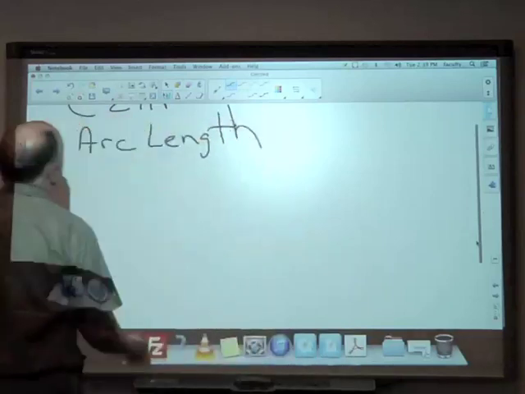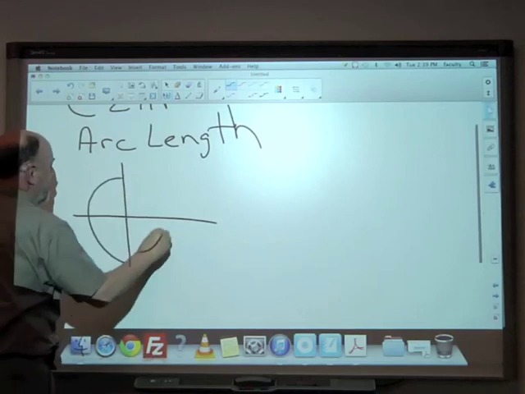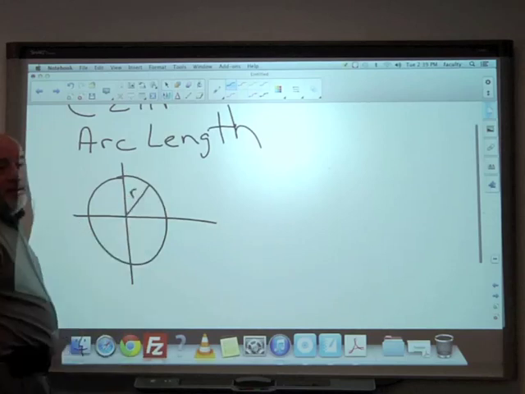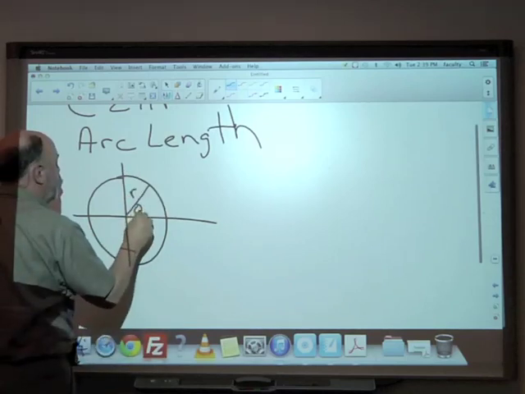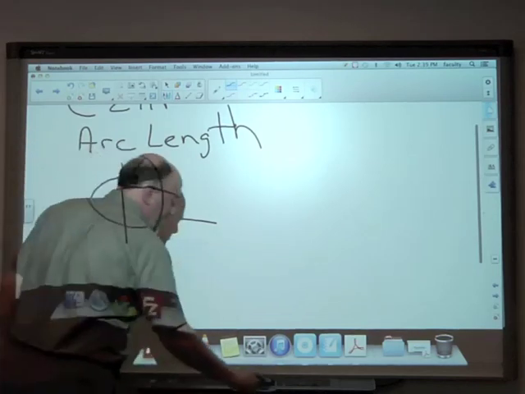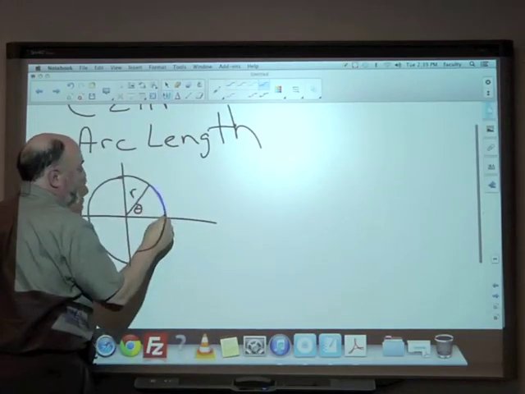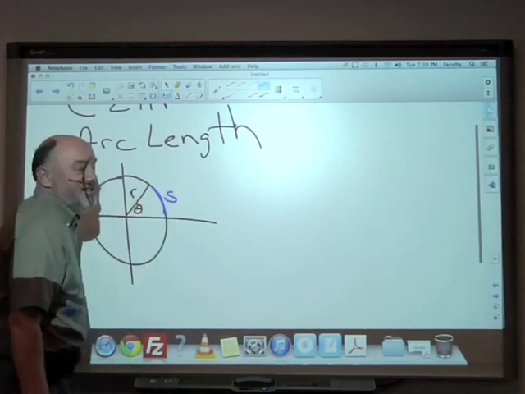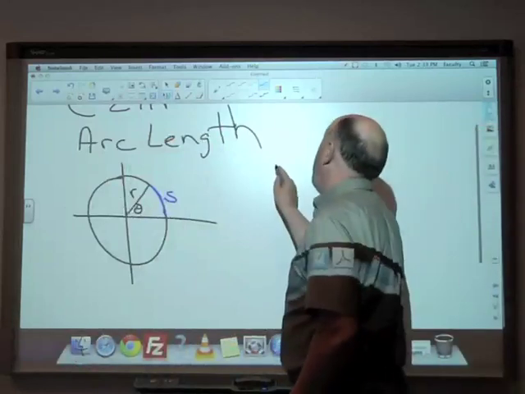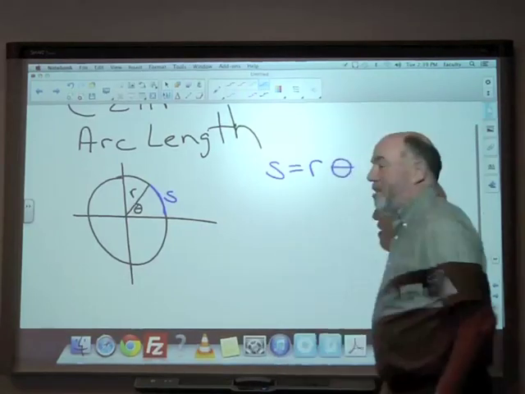But if I look at a circle of some radius r, my central angle is here, which will be theta. And then the arc length will be this measurement right here, and the designation for that is S. And the formula then is that S is equal to r times theta.